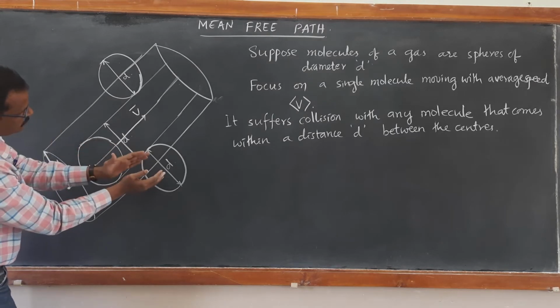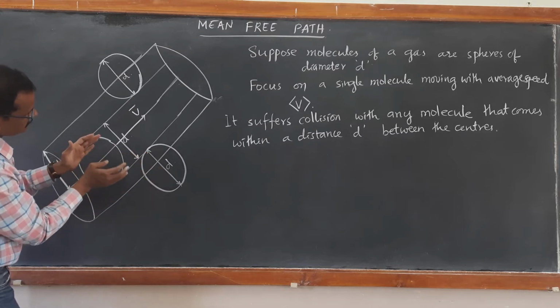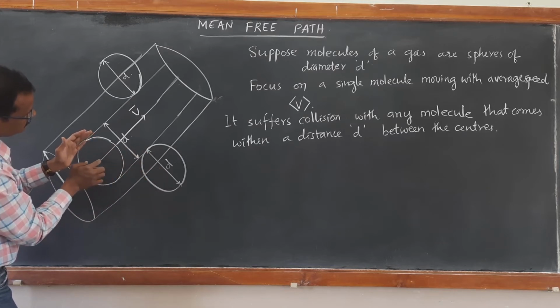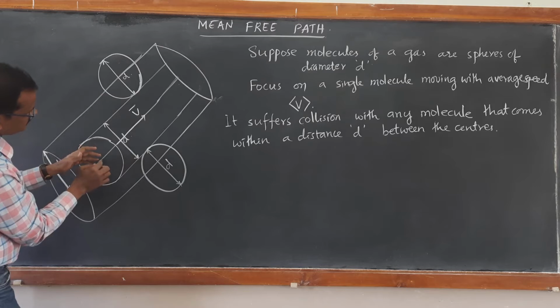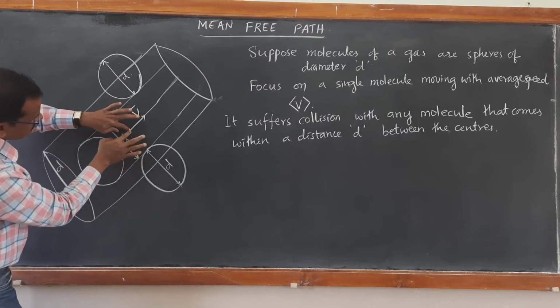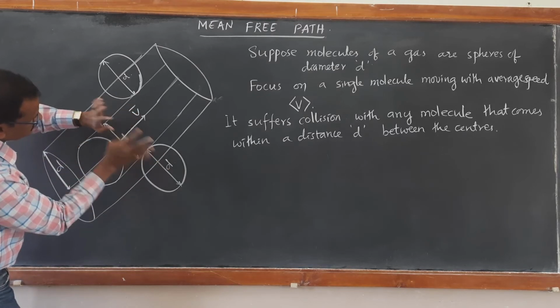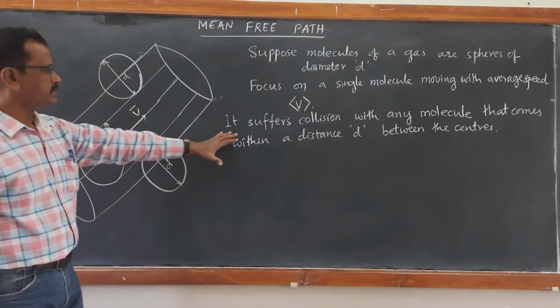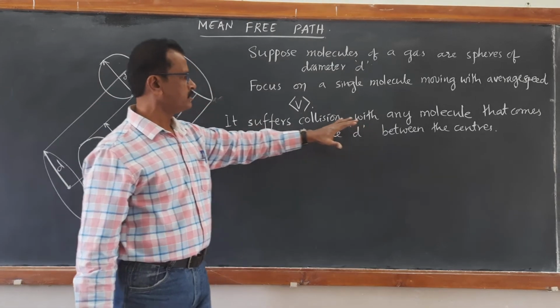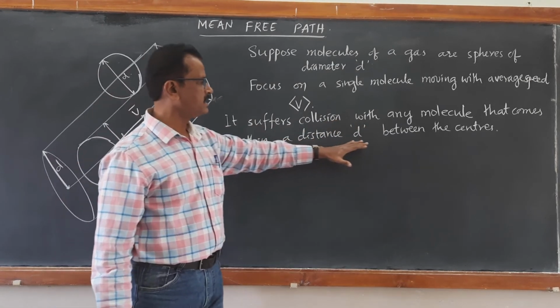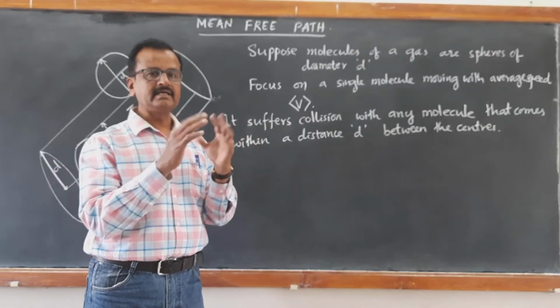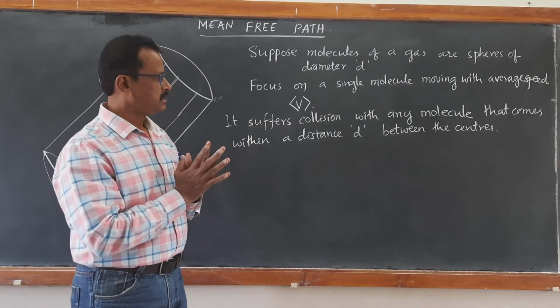So whatever molecule comes within a distance of d between the centers, suppose when it is here, the distance between these two centers becomes d, it will have a collision.